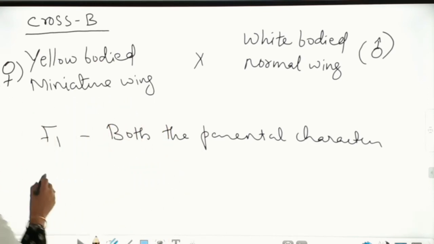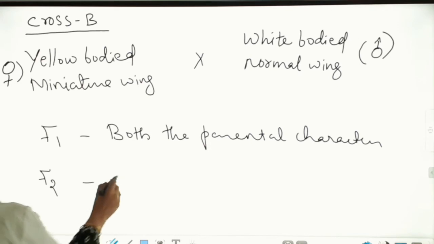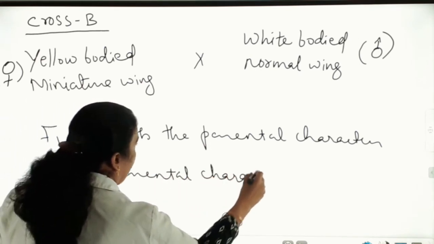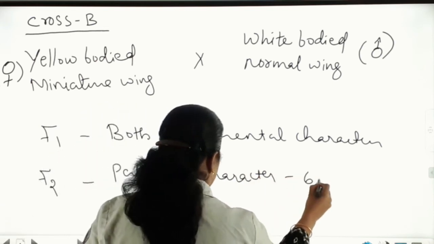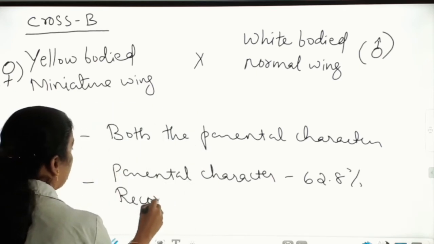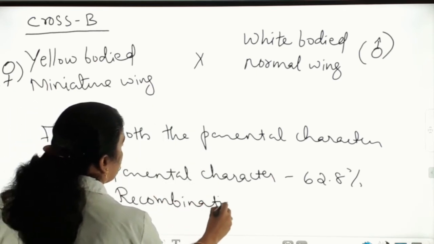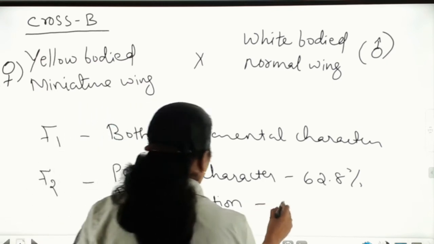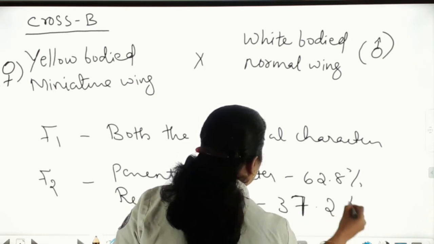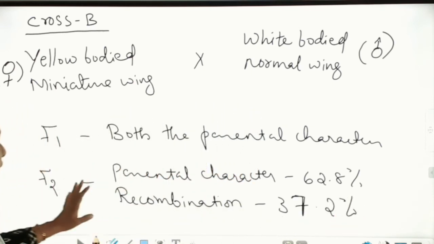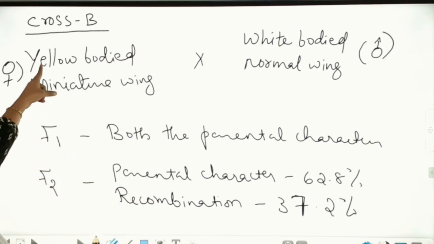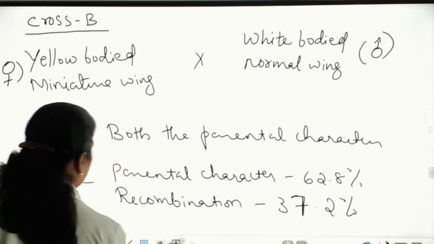At the same time, in the F2 generation, the parental characters are there in the percentage of 62.8, and there is a recombination of the parental characters or a combination of both the parents in 37.2%. And what was the recombinant character? Yellow body, normal wing. Am I right? That's right.